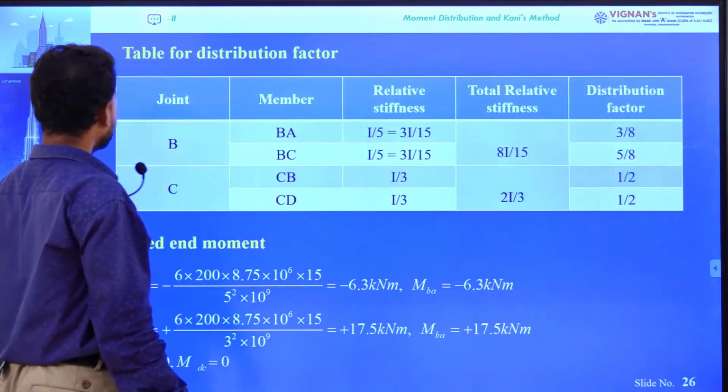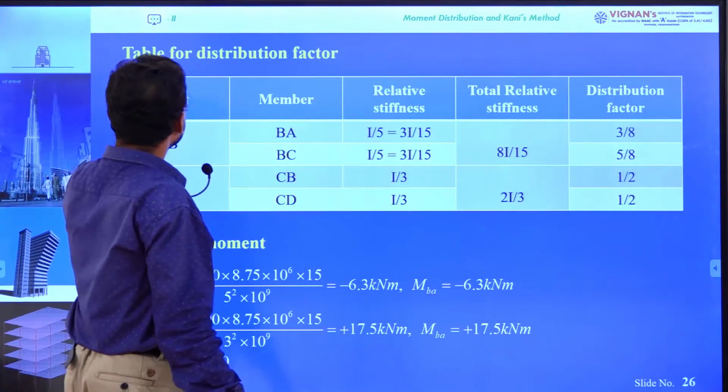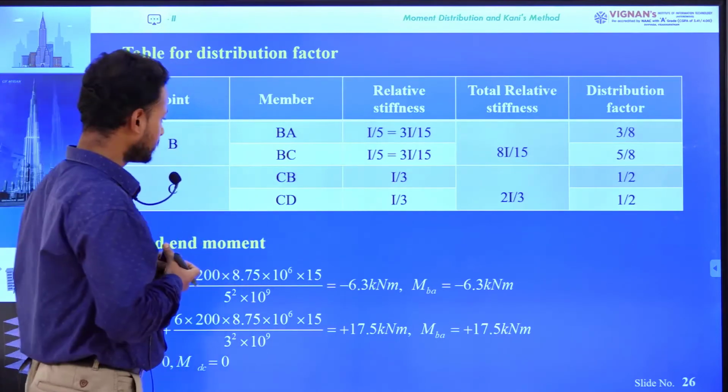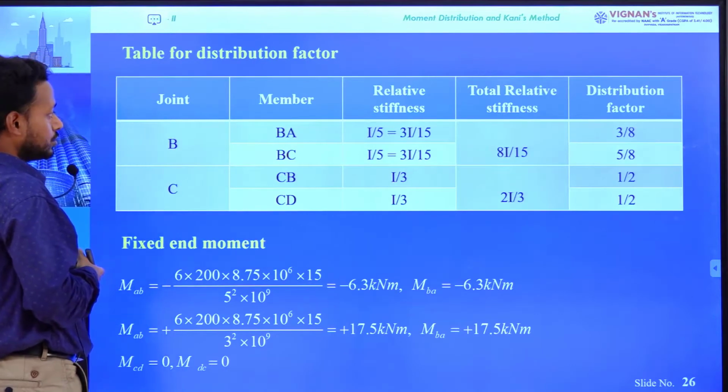So let's start. First, the table for distribution factor. First, we will calculate the distribution factor. So what is the distribution factor?